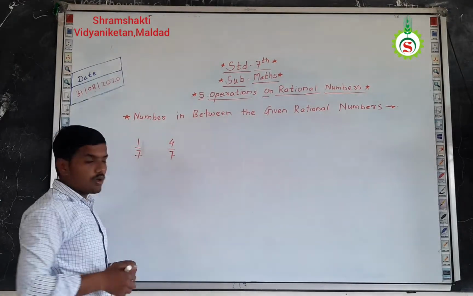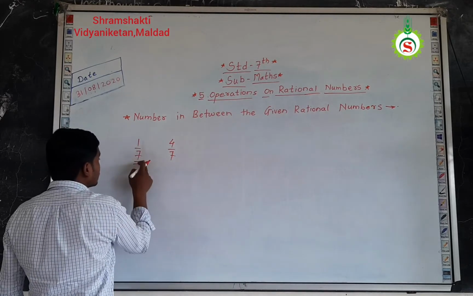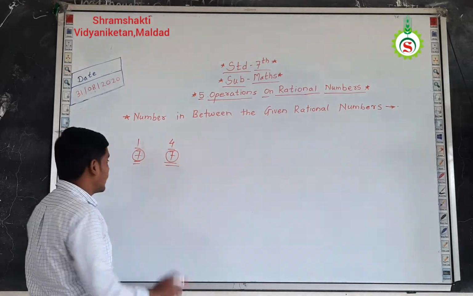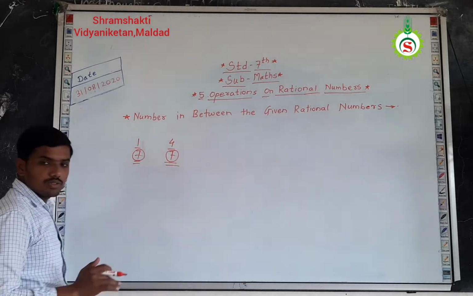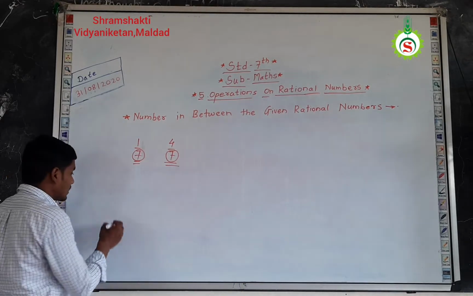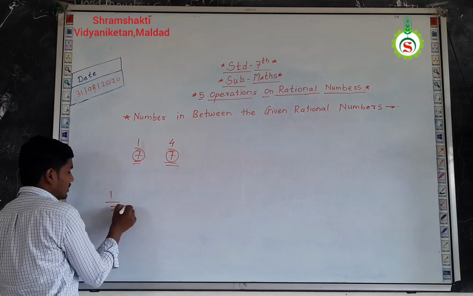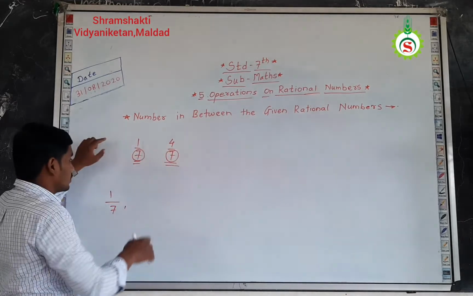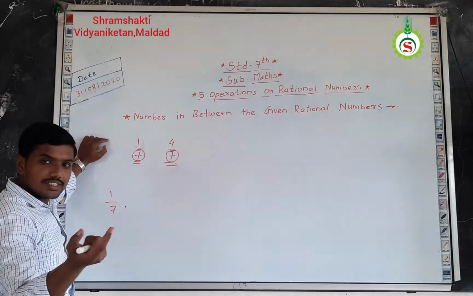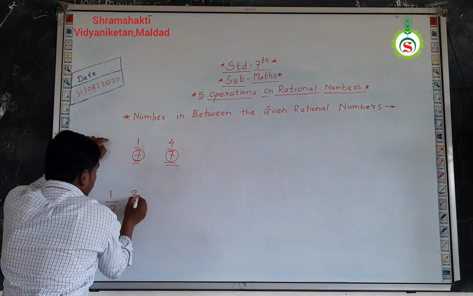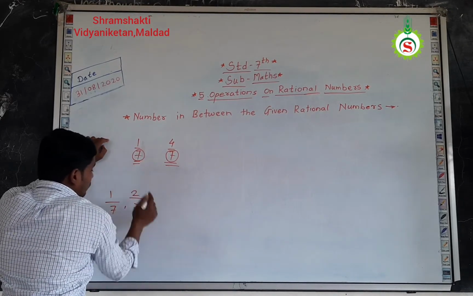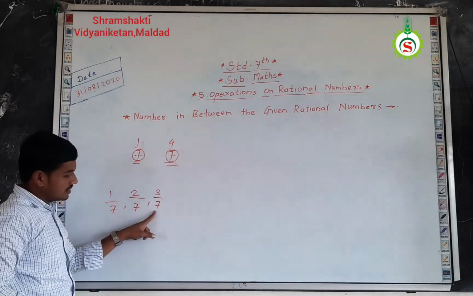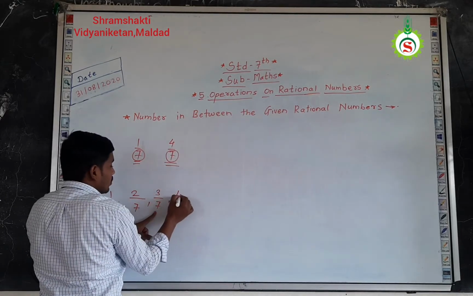All of you look here. The denominator of this rational number is 7, and the denominator of this one is also 7. That means both numbers have the same denominator. If the denominators are the same, only the numerators change. After 1, which number will come? 2, with the denominator again 7. After 2 comes 3, so 3 by 7, then 4 by 7.